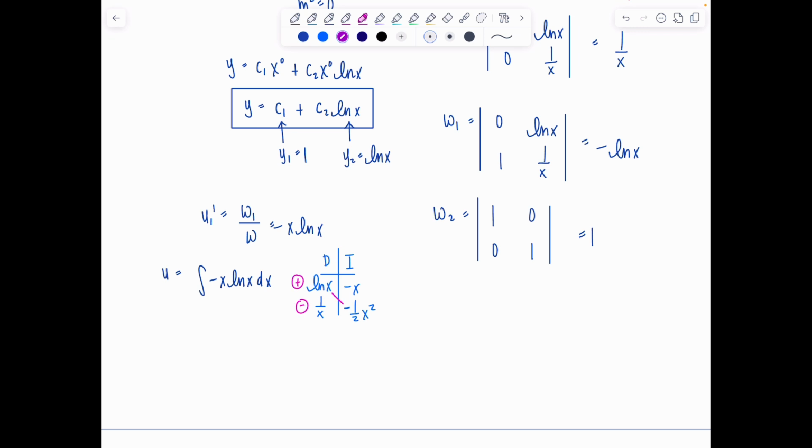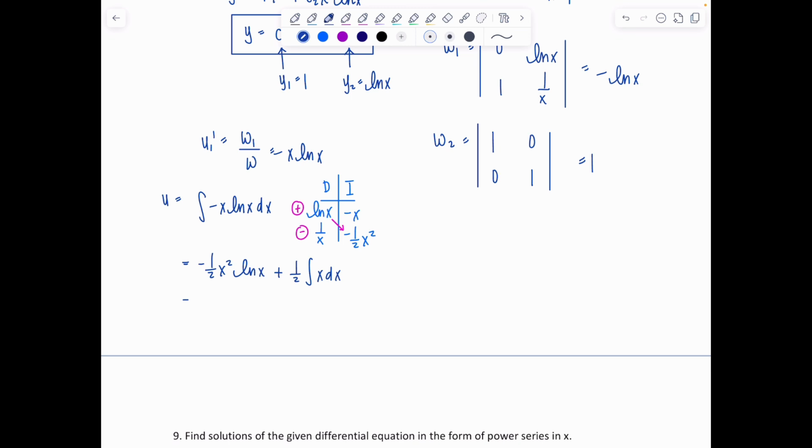Have this product here, so it'll be negative 1/2 x squared ln of x plus 1/2 times the integral of x dx. That's not bad. So what is this? Negative 1/2 x squared ln of x plus 1/4 x squared. Don't worry about writing the plus c.